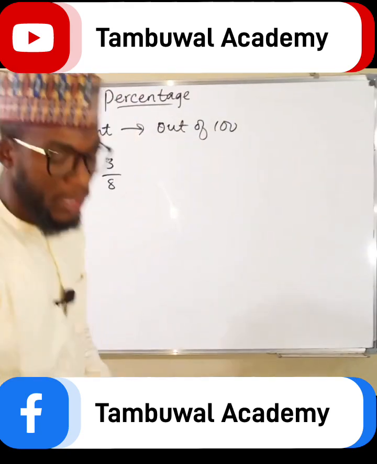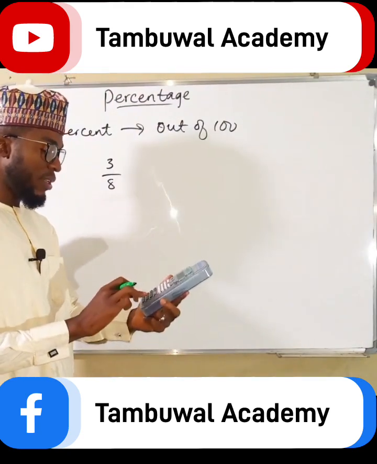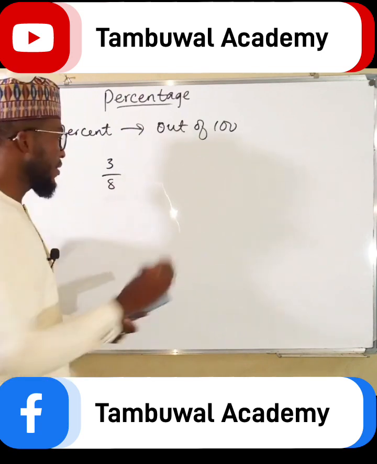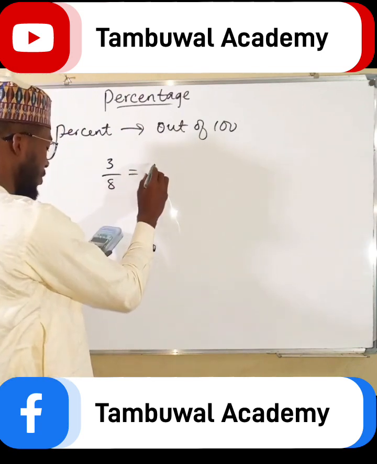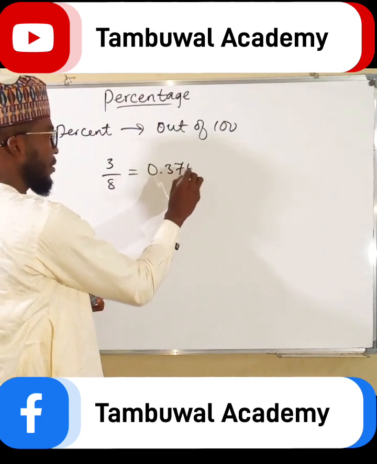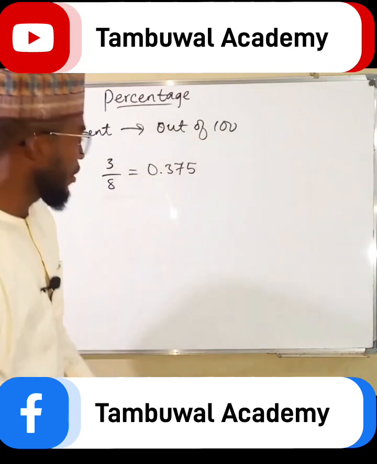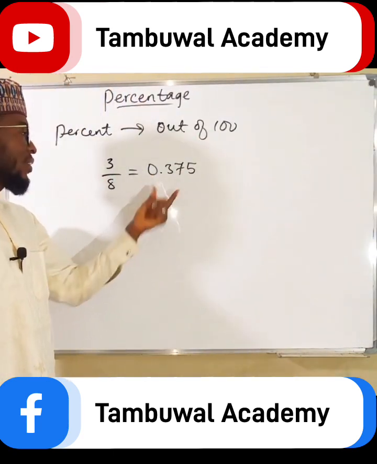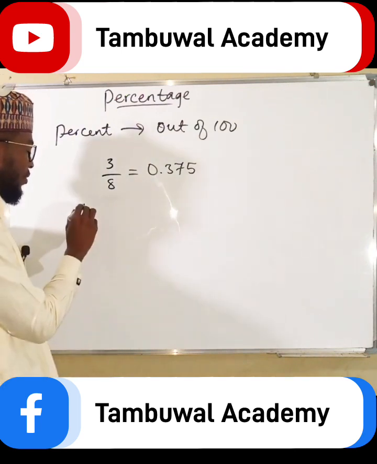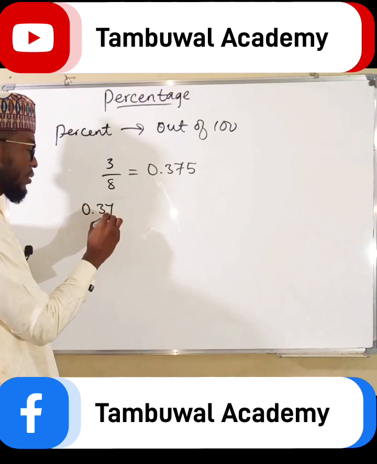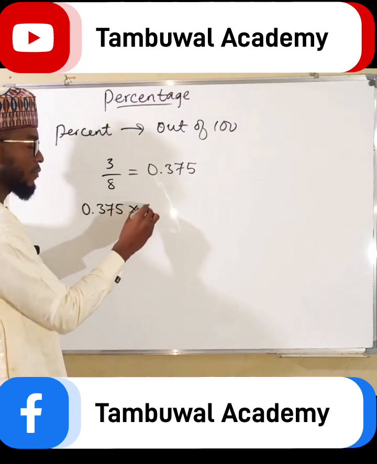So by using calculator, 3 divided by 8 is equal to 0.375. So to convert this into percentage, all you have to do is to multiply this decimal number by 100.